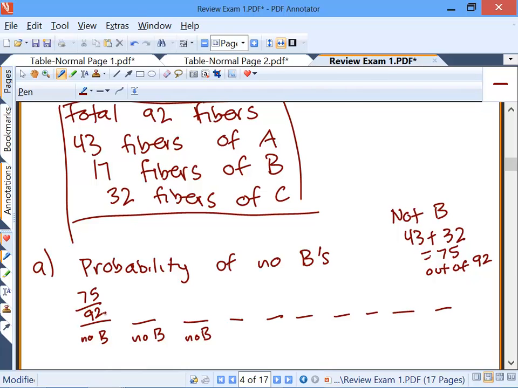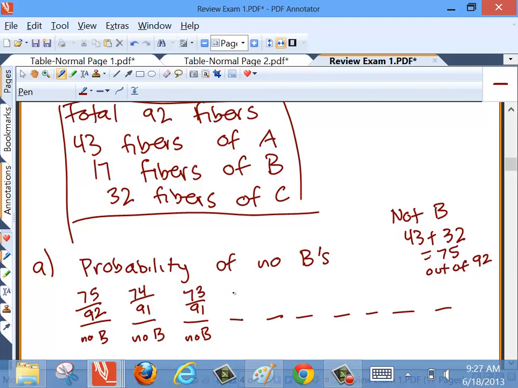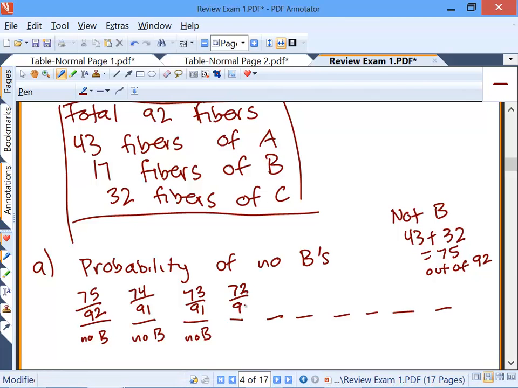On my second draw, how many not B's do I have to choose from? 74 out of 91. My third draw will be 73 out of 91. Next draw, 72 out of 90, 71 out of 89, 70.